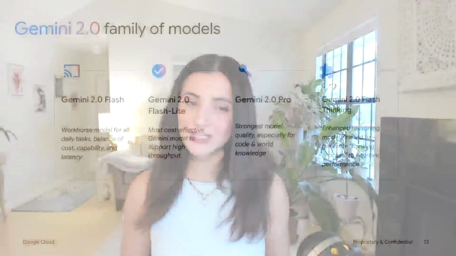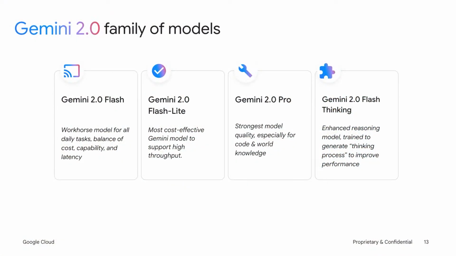So that's an overview of all of the new 2.0 Gemini models. We had 2.0 Flash, which is the workhorse model for all of your daily tasks. It's a balance of cost, capability, and latency. It's probably where you want to start with your experimentation. But then we also have Gemini 2.0 Flash-Lite. This is the most cost-effective Gemini model to support high throughput.